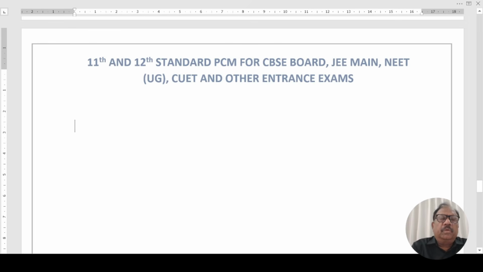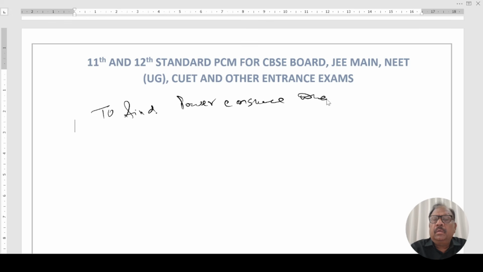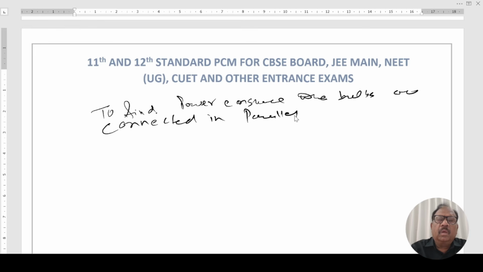Now, for parallel combination, to find power consumed when bulbs are connected in parallel. You know, 1 over Rp in parallel is equal to 1 over R1 plus 1 over R2. Right?